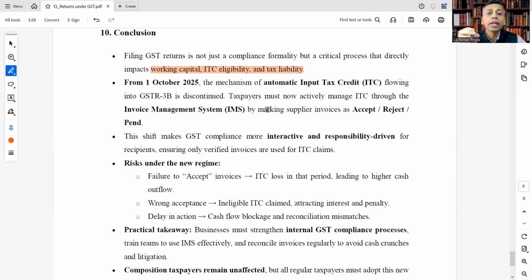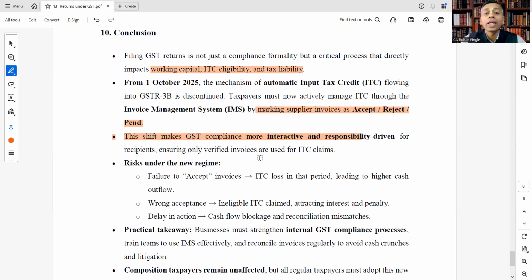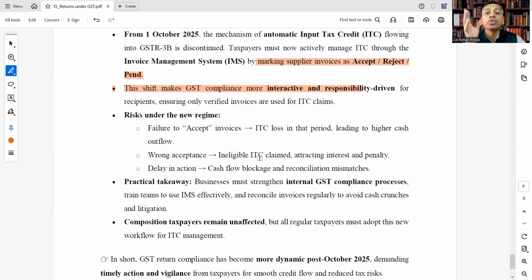Taxpayers must now actively manage ITC through the invoice management system by marking supplier invoices as accept, reject, or pending. This shift makes GST compliance more what? Interactive and responsibility-driven for recipients, ensuring that only verified invoices are used for ITC claims.